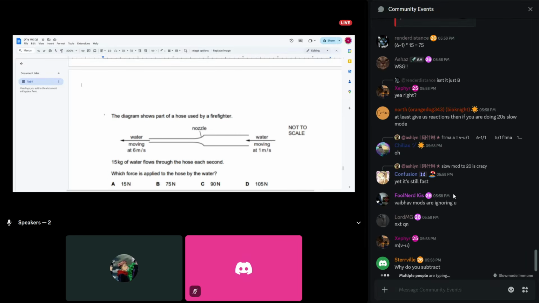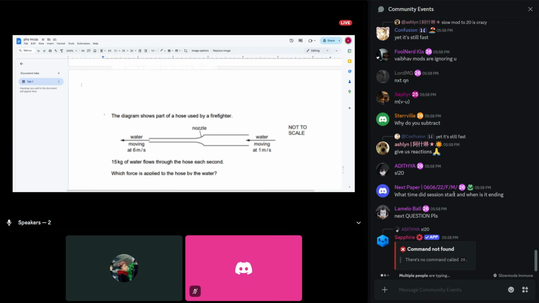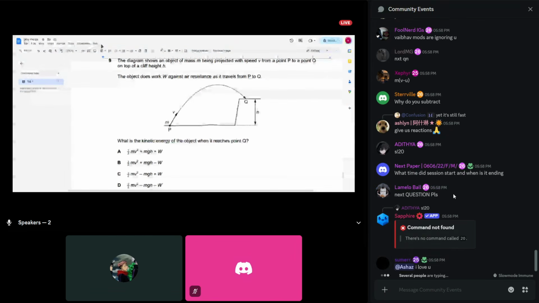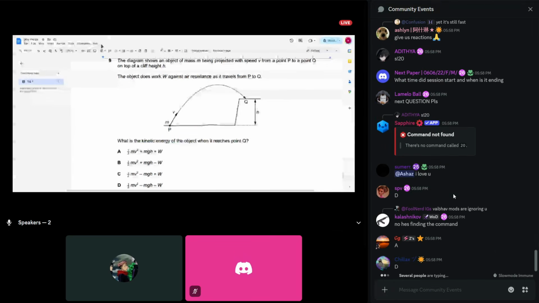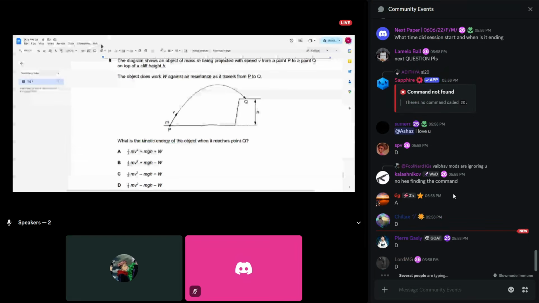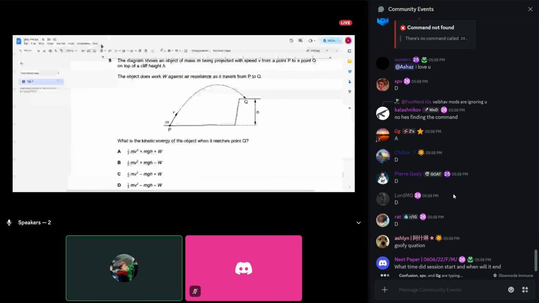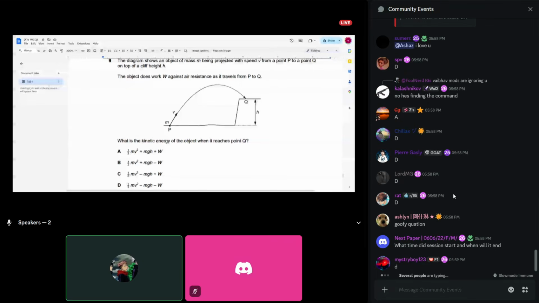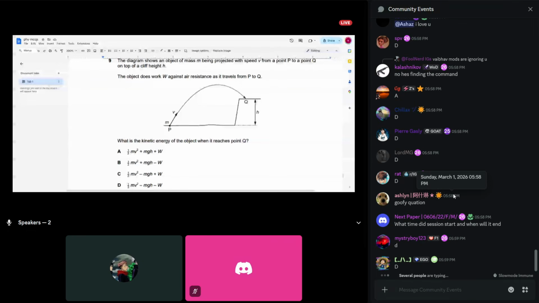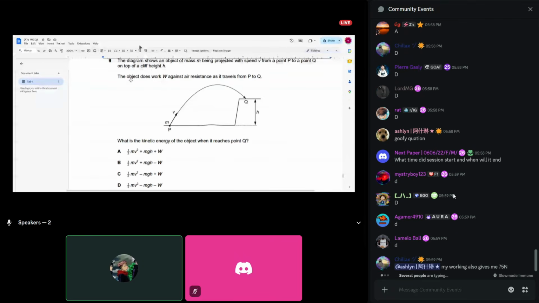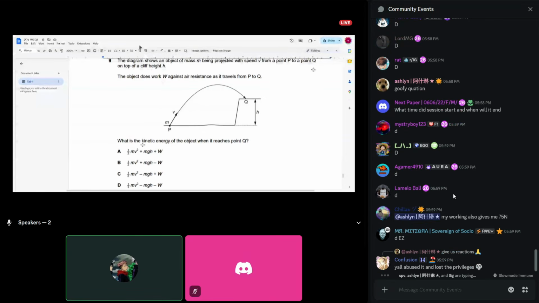All right, next question. I got this just earlier today. The answer to this is D. Yes, it's D. Look, first thing we know, it does work against air resistance, right? So it's going to lose that energy.